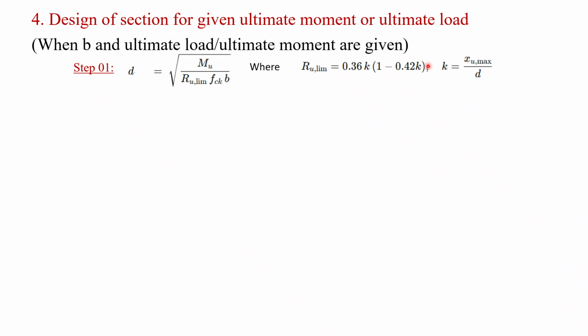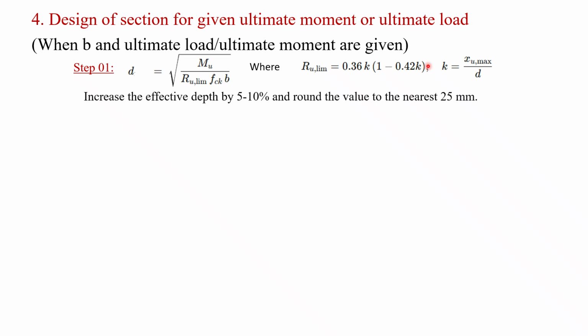Once we have found the effective depth, we need to increase it by 5 to 10% based on the depth obtained. If the depth is below 500, we assume a 5% increase, or if it is greater than 500 up to 1000, we increase it by 10%.